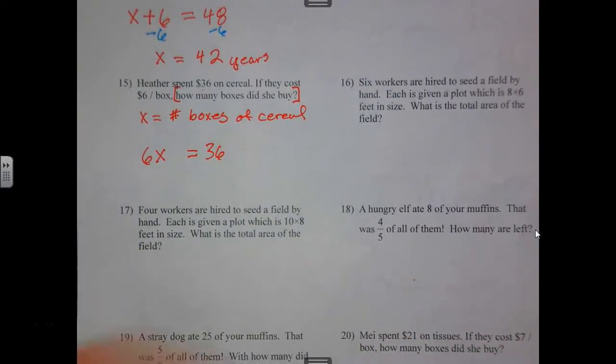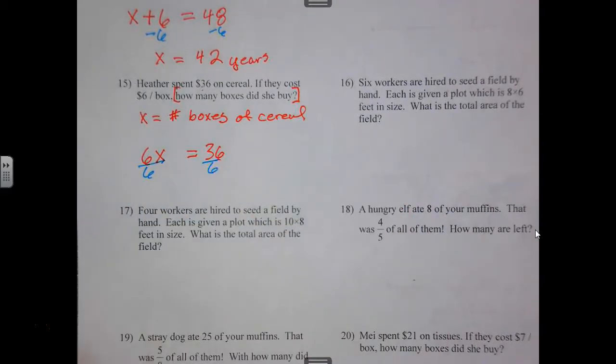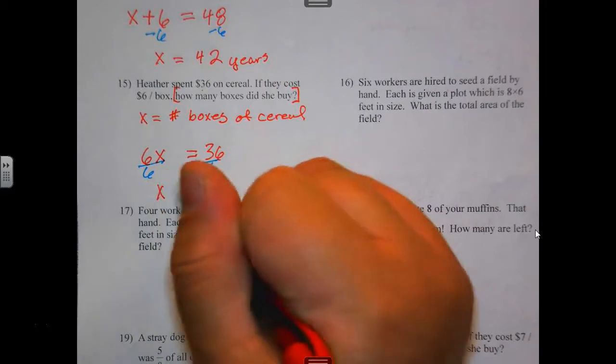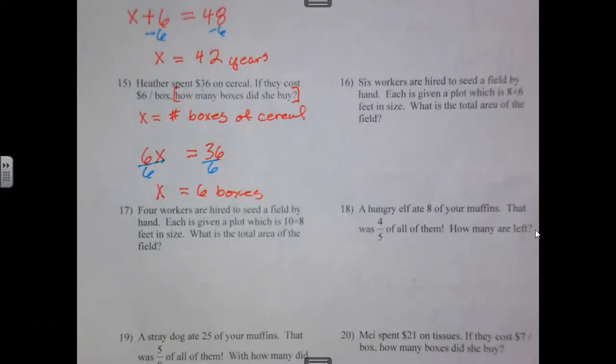What do I do here? Divide by 6. So the number of boxes is 6.